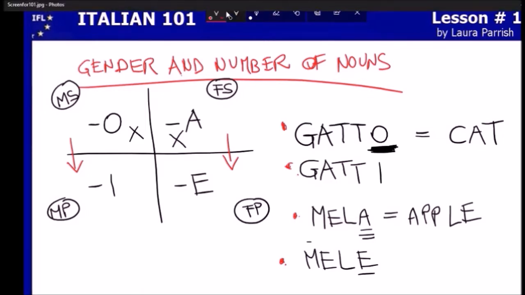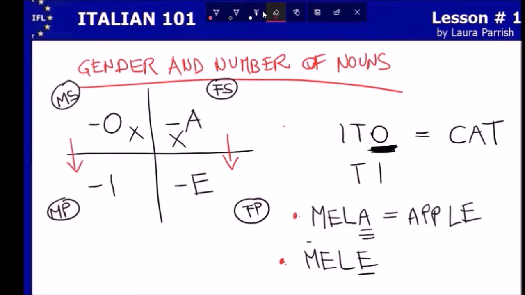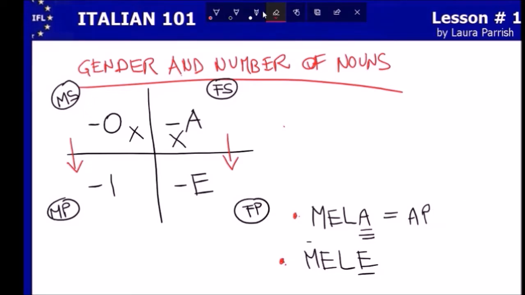Now I want to tell you something that is very interesting. Unfortunately, in Italian, this is not the only way that nouns behave. There are also three other patterns. I'm going to show you all of them.